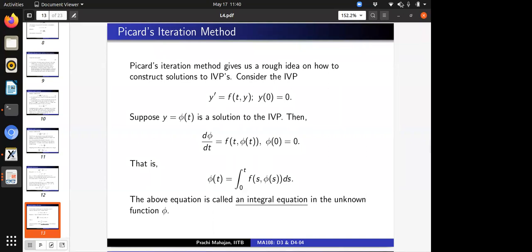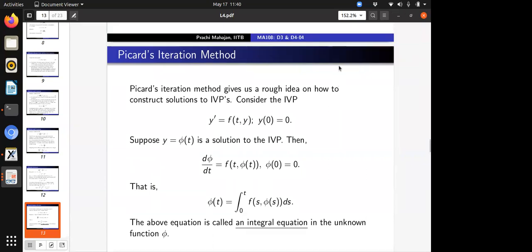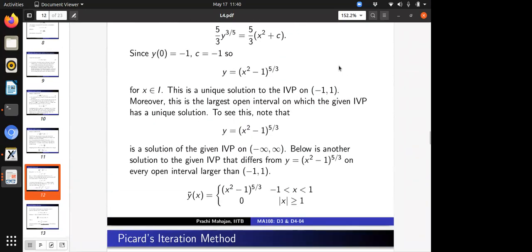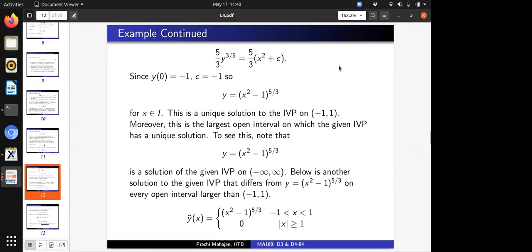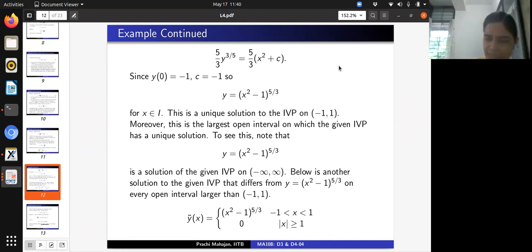Even if we consider a bigger interval than -1 to 1, then also in the range -1 to 1, the answer would remain the same. We can only change the outside. Correct. So this initial value problem has a unique solution on the interval -1 to 1.